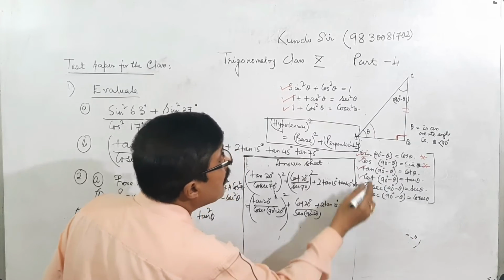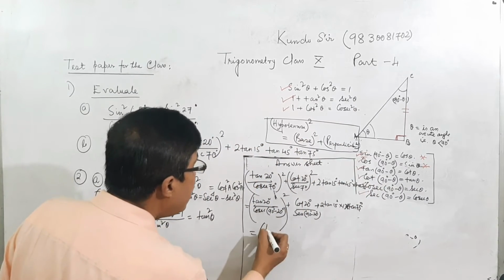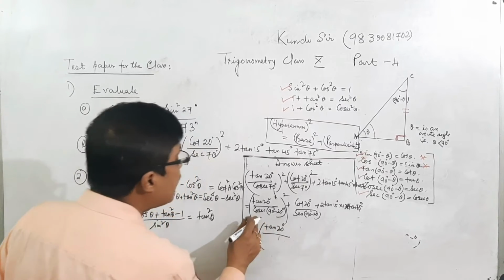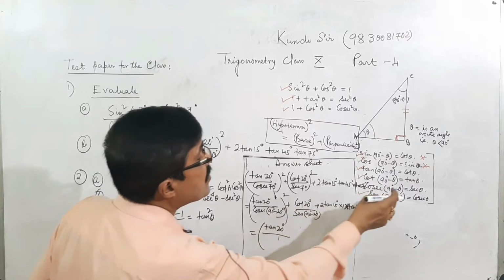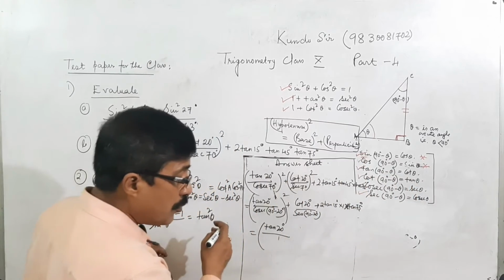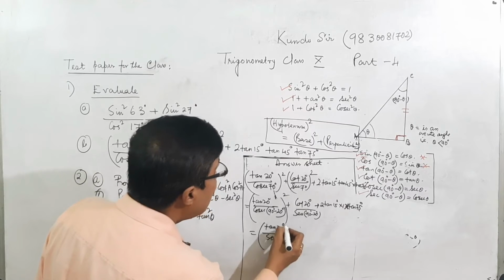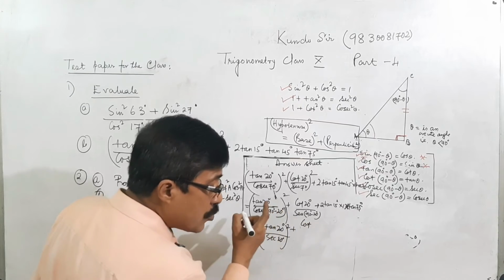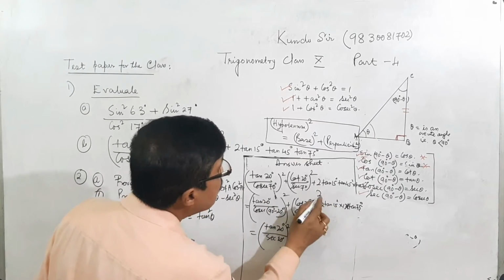Now this is equal to tan 20 degree, and cosec 90 degree minus 20 degree can be written as sec 20, whole square.